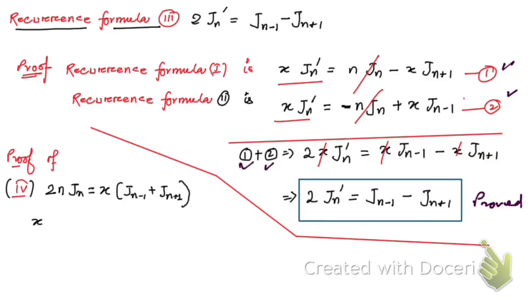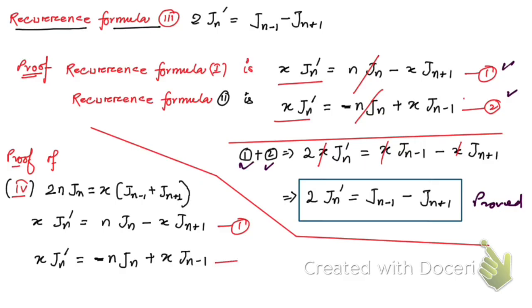Now if we subtract 2 from 1, let me write this equation 1 and 2. Let me subtract the recurrence formula number 2 from recurrence formula number 1.